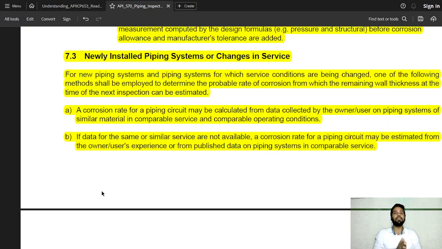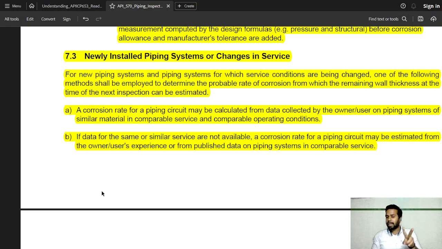Let's imagine I have two pipes. Both pipes are made of the same material. They are the same diameter. They are also in the same service. The liquid flowing in one is the liquid flowing in the other. Other conditions are also the same: pressure rating is the same, temperature requirement is the same, service conditions are the same.